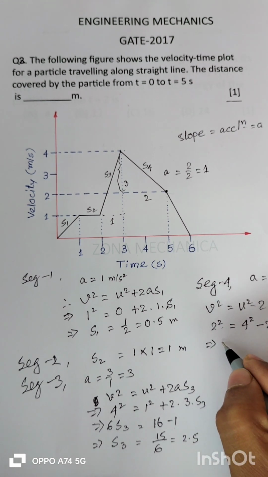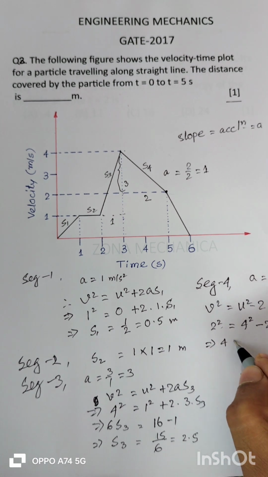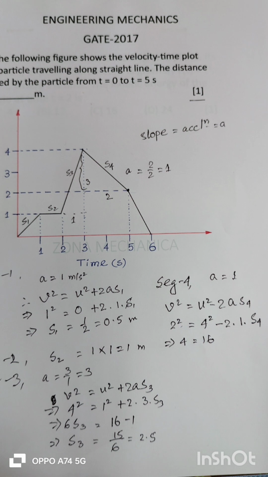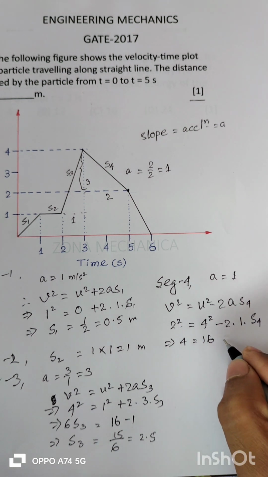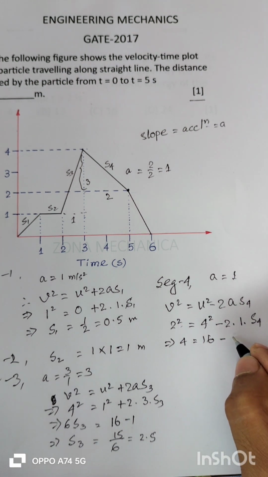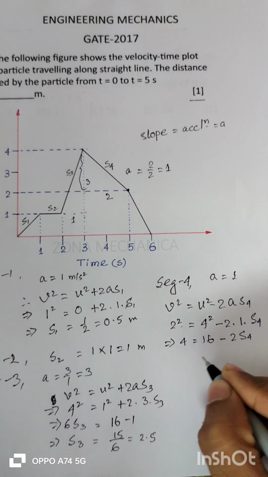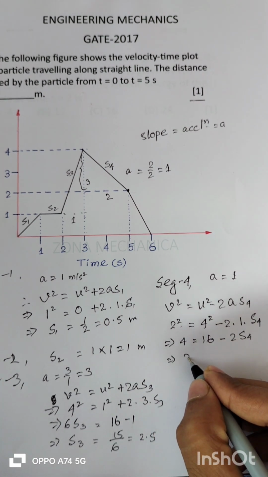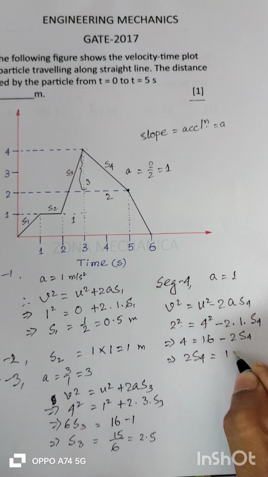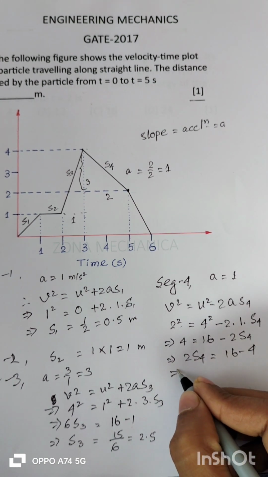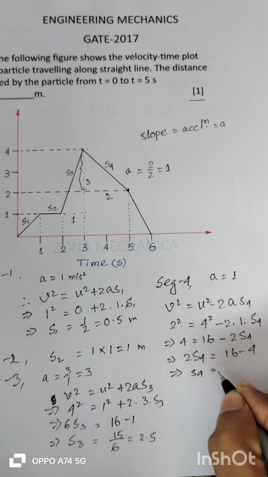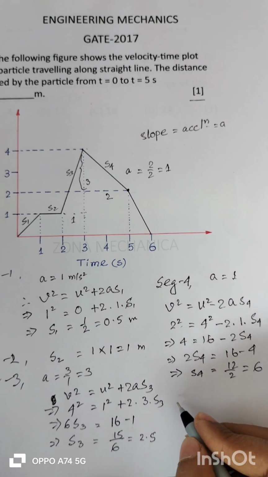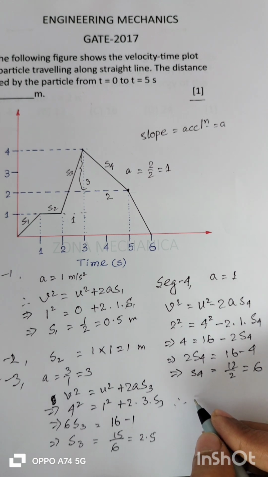So clearly from here 4 is equal to 16 minus 2 into s4, which implies 2 into s4 is equal to 16 minus 4, which implies s4 is equal to 12 by 2, that is 6.